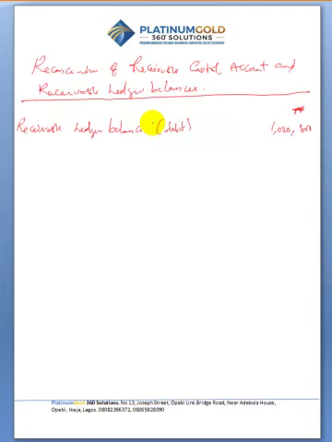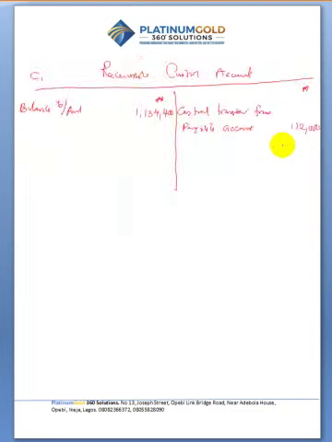And that will affect reconciliation. So this is sales to customer wrongly posted twice. 115 should be removed. Okay, that is taken care of.